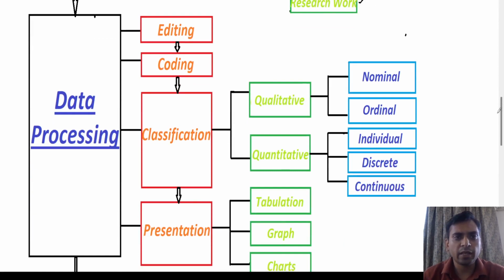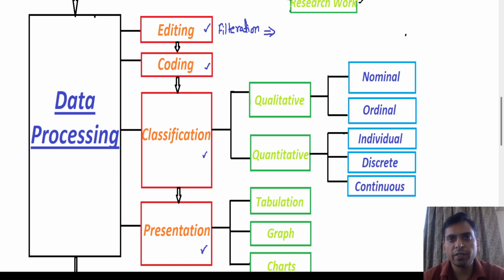In data processing, there are four things. First is editing, second is coding, third is classification, and then data presentation. So what is data editing? Data editing means a kind of filtration of data. There are two types of filtration of data.